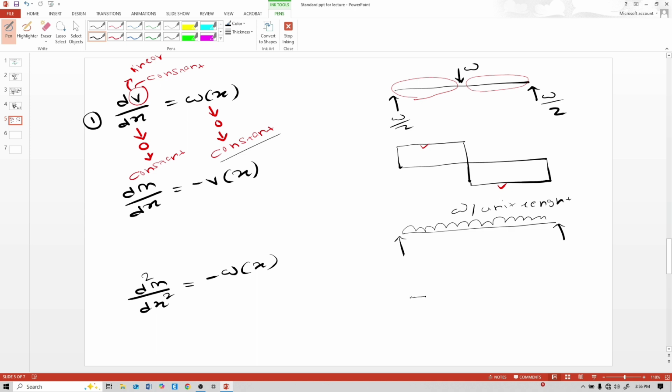Now its shear force diagram is linear. That means this is linearly varying.